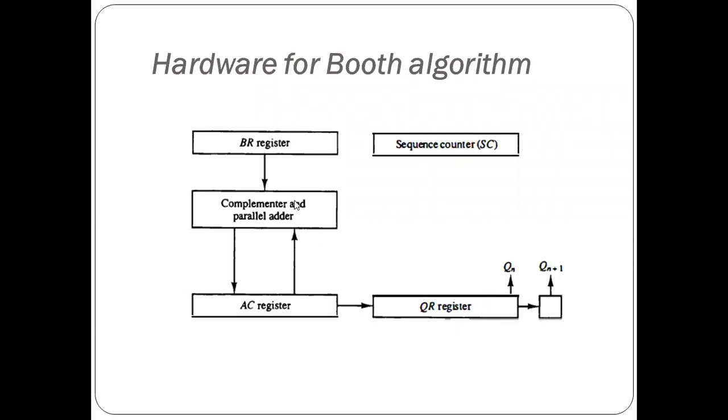So BR will be 2's complemented and given to the parallel adder for addition. Subtraction here is executed by 2's complement addition. After adding, if you get any extra bit, that will be saved in the E bit.